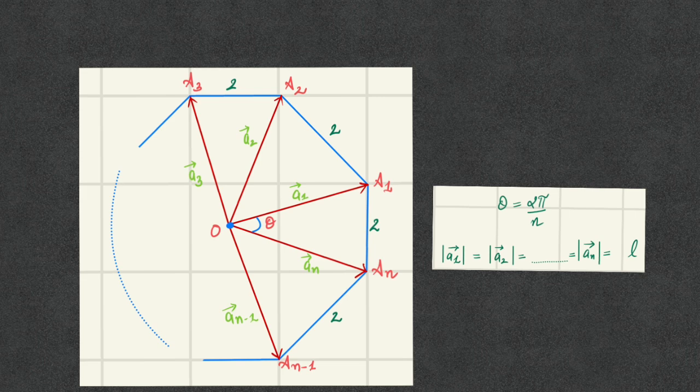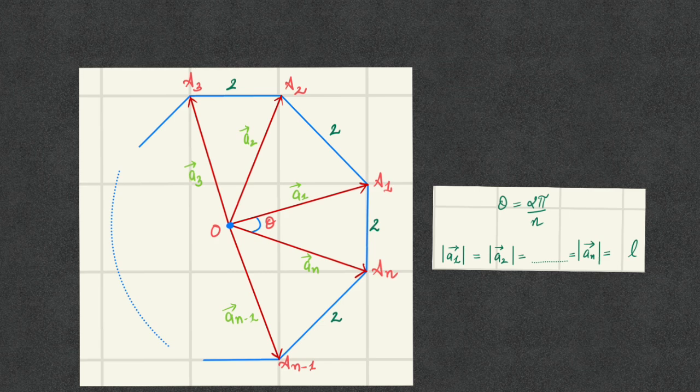Since it is an n-sided regular polygon, the length of each side is equal, and it is given that it is equal to 2 units. The angle subtended at the center is theta, and each angle here is equal to theta.